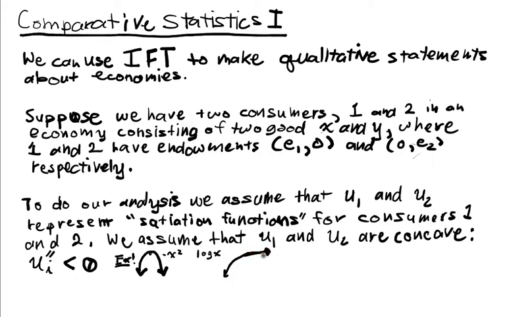If you notice, the derivative of this is 1 over x, so as x is increasing, the marginal satiation that I get is getting smaller and smaller. So that satiation curve looks flatter and flatter. At some point I'm just like, well, do I really need more of this? That kind of thing.